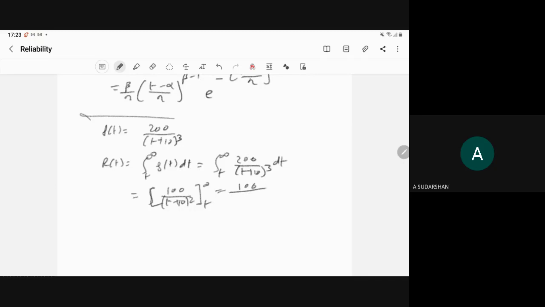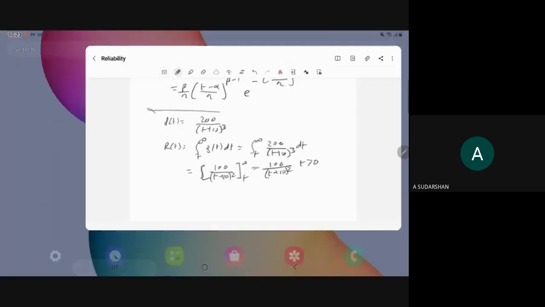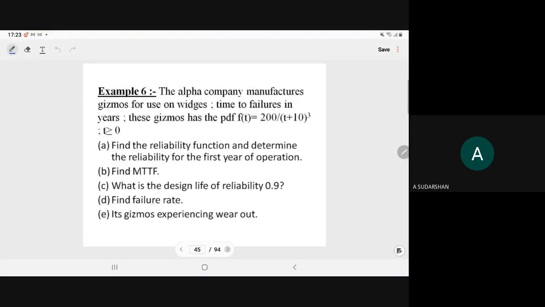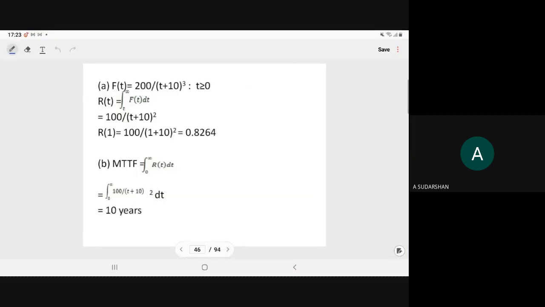So 100 upon (t plus 10) square for t greater than 0. So that is the reliability of the device.